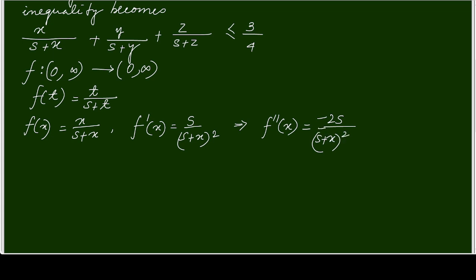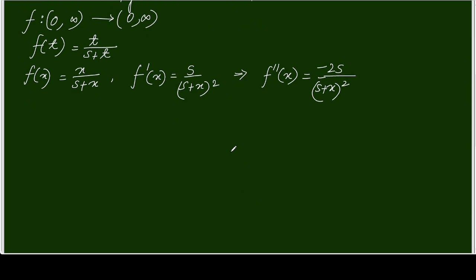That means the second derivative is negative, which means this is a concave function. Another way of identifying concave and convex functions: the second derivative is negative, so f of x is concave.